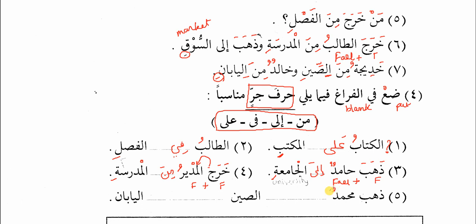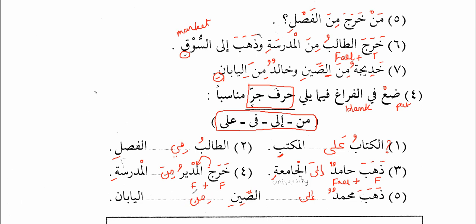ذهب محمد. He went to where? Ila as-Sini and dash Yaban. ذهب محمد إلى الصين من Yaban.